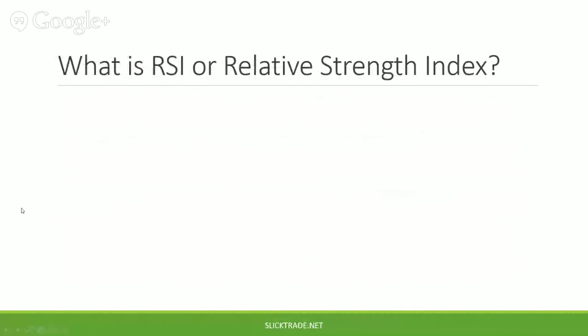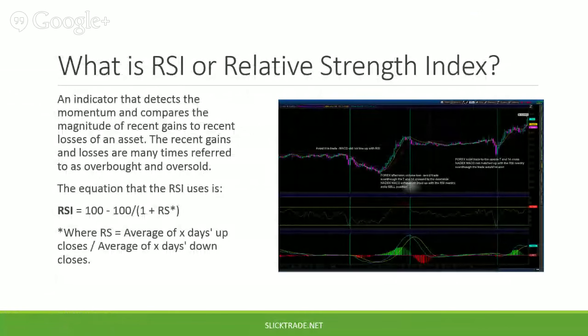So let's get started. What is RSI? RSI is Relative Strength Index. It is an indicator that detects the momentum and compares the magnitude of recent gains to recent losses of an asset. The recent gains and losses are many times referred to as overbought and oversold.